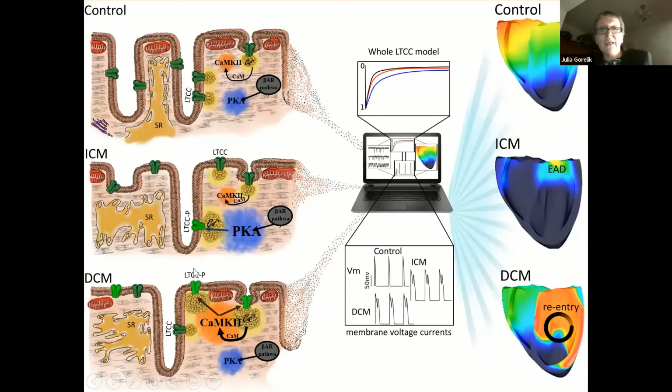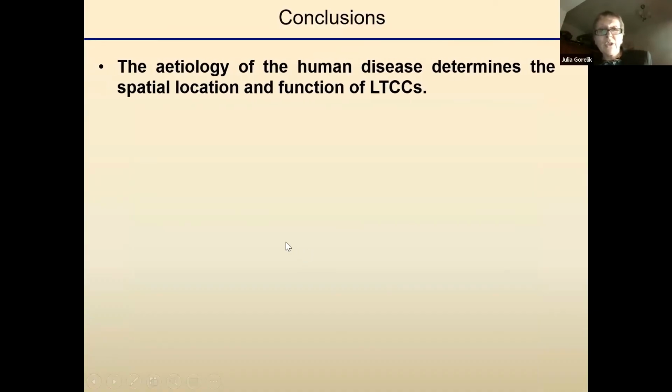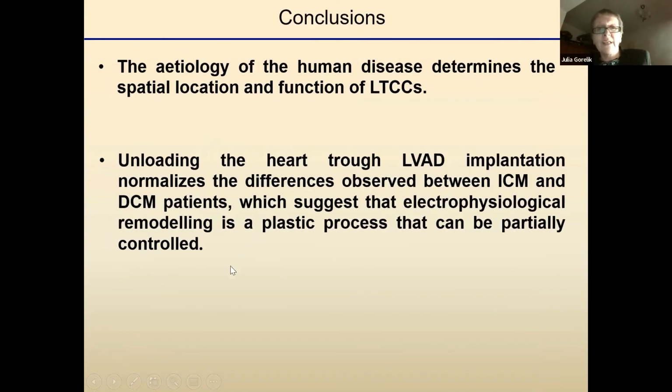And potentially this is our conclusion from this work, from the nanodomains to the whole heart. We can conclude the etiology of the human disease determines the spatial localization and function of LTCC, and unloading the heart through the LVAD implantation normalizes the differences observed between the ischemic heart disease and DCM patients, which suggests that electrophysiological remodeling is a plastic process that can be partially controlled.